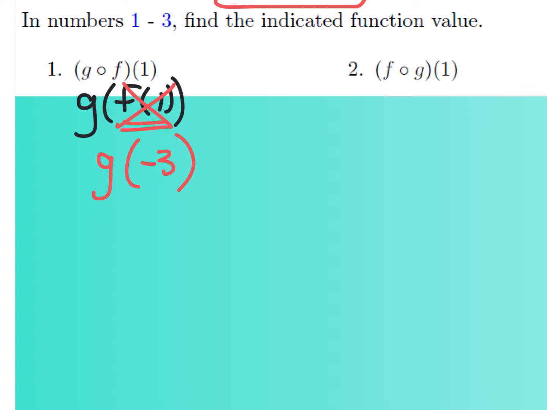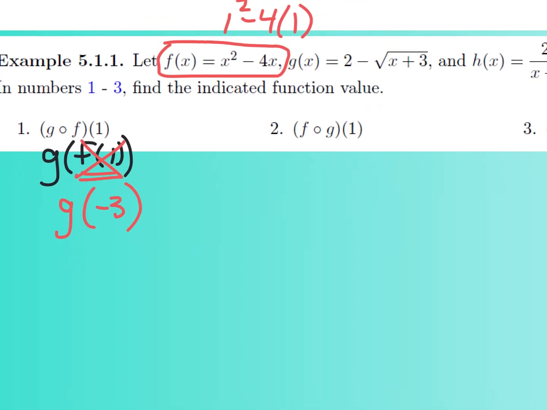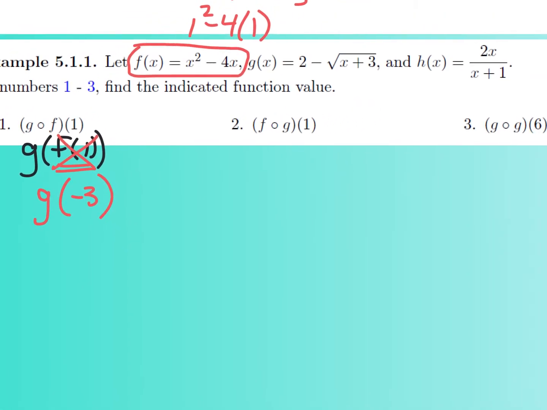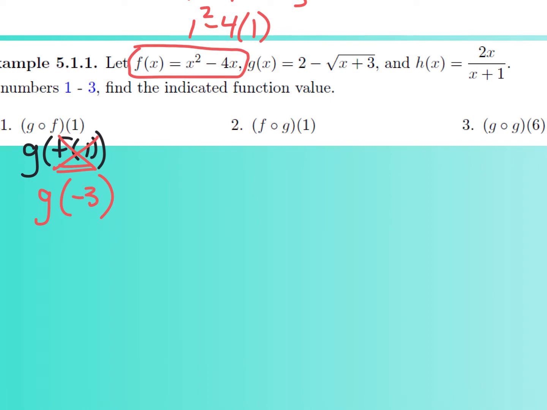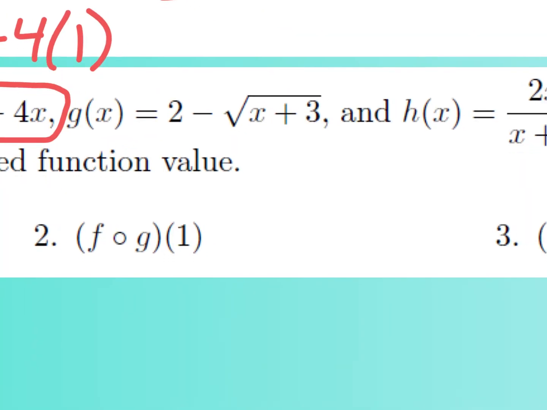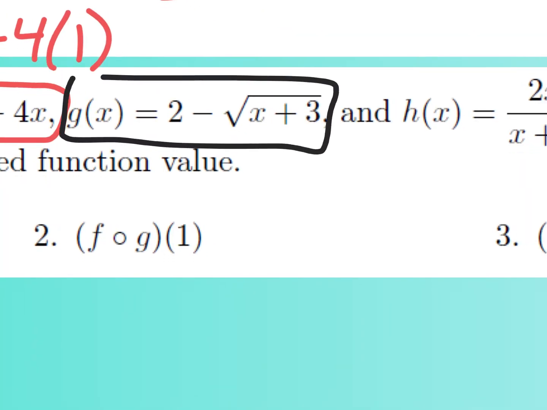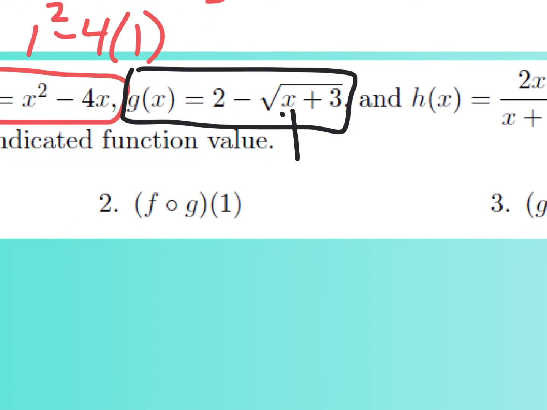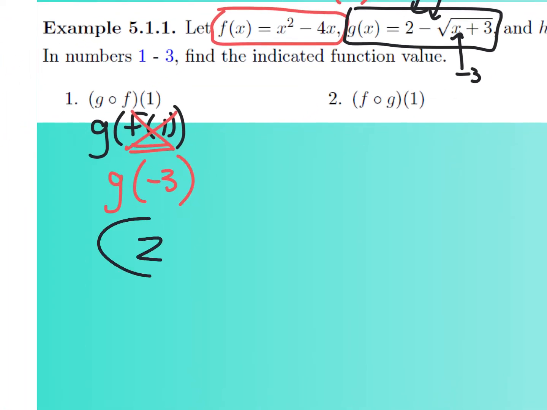Camille, where should I stick the negative 3 now? Yes, here's the g function, and I stick the negative 3 in there. Well, that one worked out pretty nice, because negative 3 plus 3 is 0, right? So it's 2 minus the square root of 0, which is still 0, so 2 minus 0, so it's 2. And that's the answer for the first question.